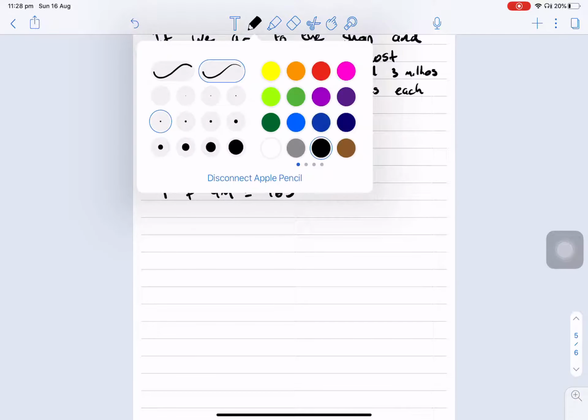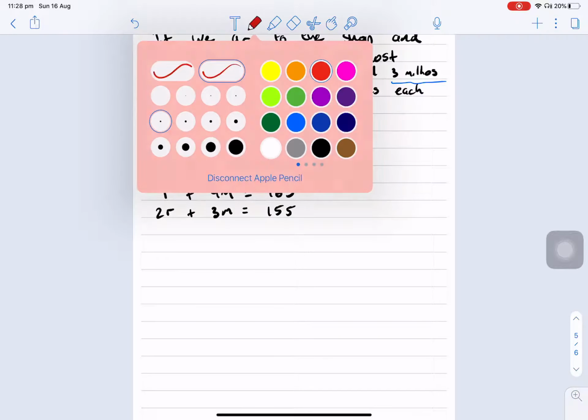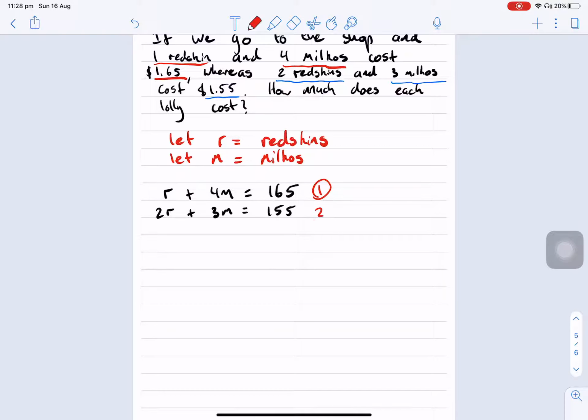Then the second equation for us will be that 2 redskins and 3 Milkos is $1.55. So 2R plus 3M equals 155. We label those equations 1 and 2.